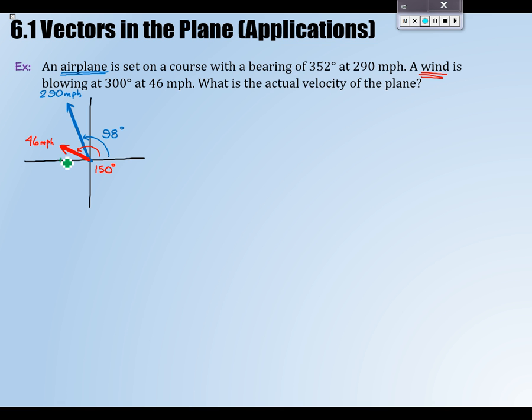We have this much velocity contributed in the x direction from the wind, and this much, sorry, this is not to scale, from the airplane. When we add those together, just like we just did, we get the total x velocity for the actual motion of the plane.